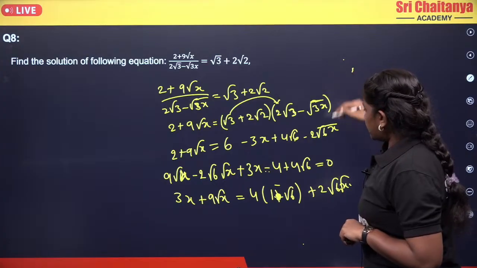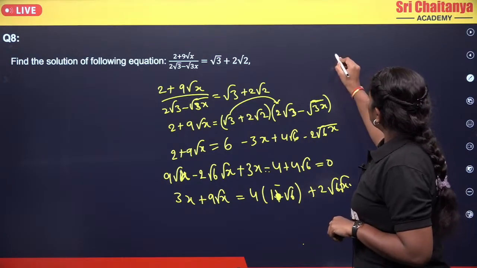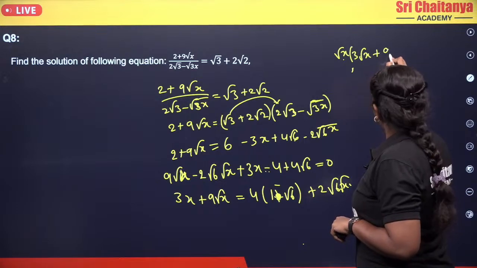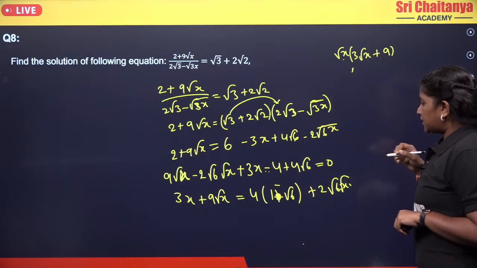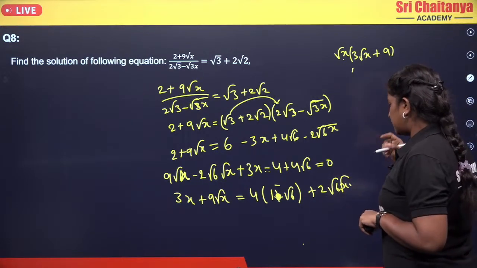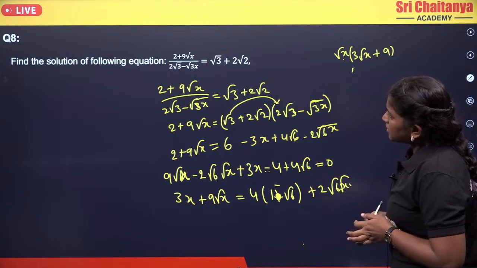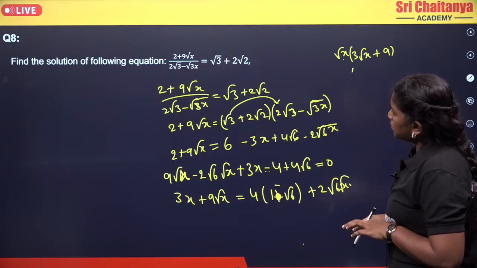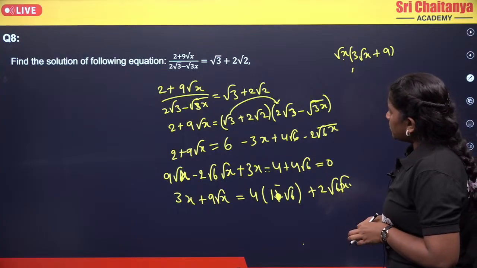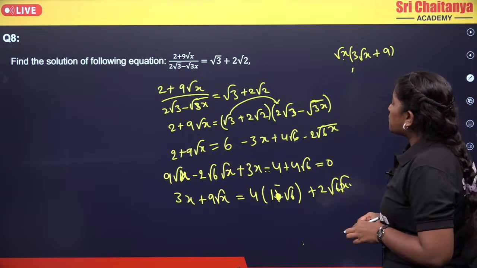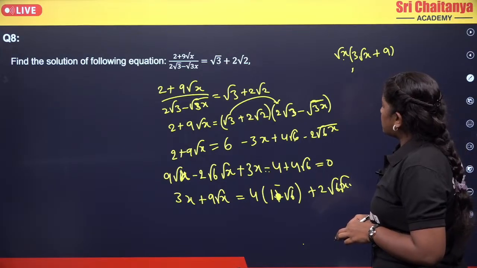Now coming to here, let's check what we can do. So here I can take my root x common. So here it will become 3 root x plus 9. Okay. And here also, if you observe clearly, minus 3x plus 4 root 6 minus 2 root 6x.